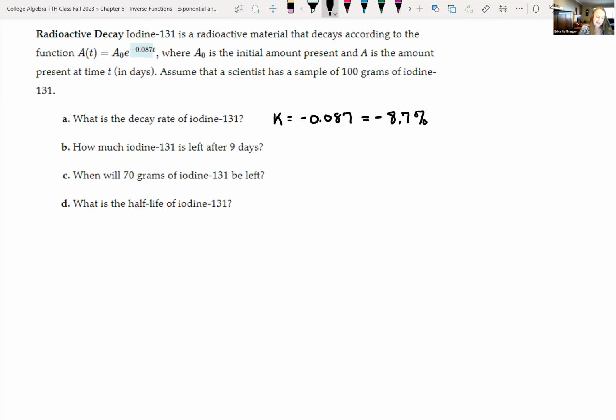So how much iodine is left after 9 days? Okay, so we have our formula. A sub t is equal to A sub 0, the initial amount, and we're given that our initial amount is 100 grams, all times e raised to negative 0.087 times time, in days, and this is in 9 days.